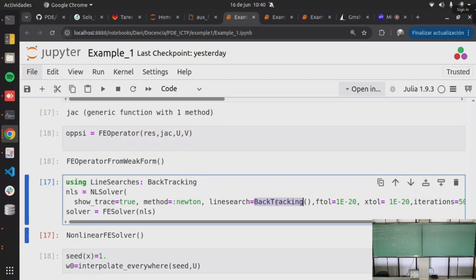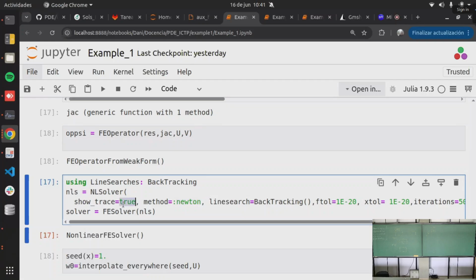We do it in this way. We are defining the linear method to solve in each step. We use line searches for that. And here I define the method. Remember that we use a Newton method, but Gridap also has other backends to do it.